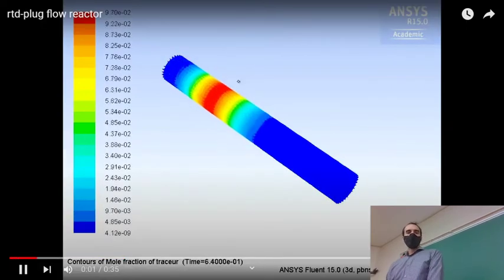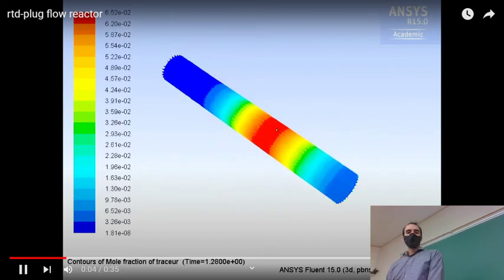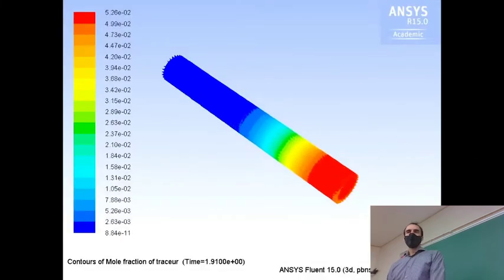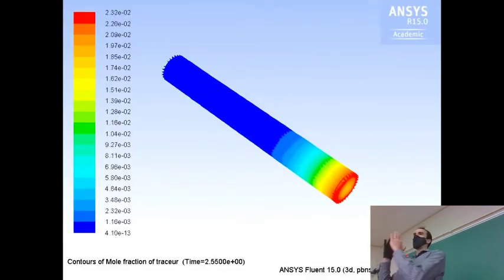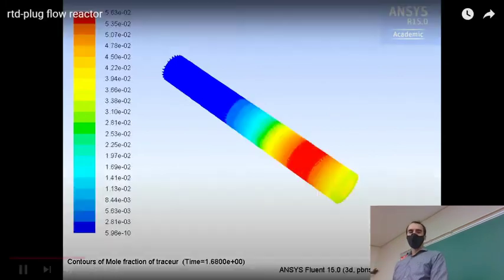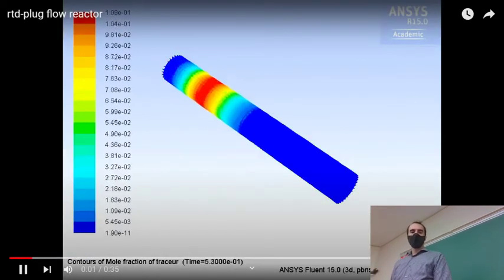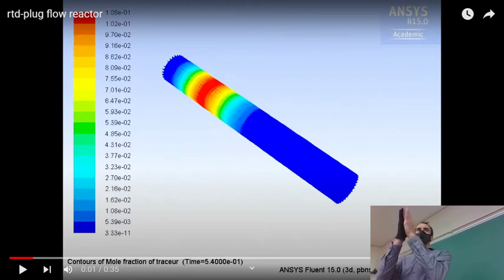So as you're watching this, imagine this red segment. That's like a little plug of water that's traveling through. And if there was no diffusion, that red zone would just stay there. It would travel all the way through just as that red zone, right? So there'd be nothing else happening.